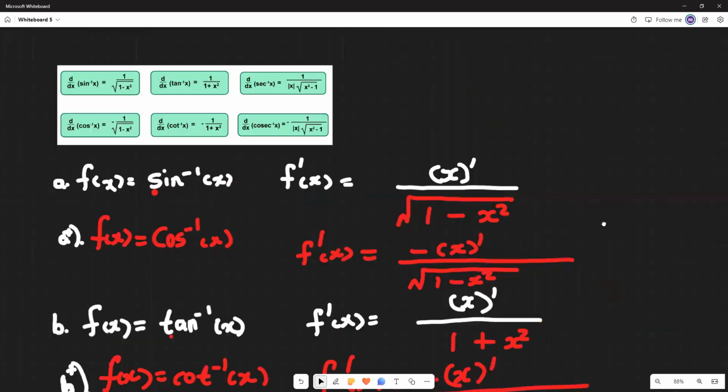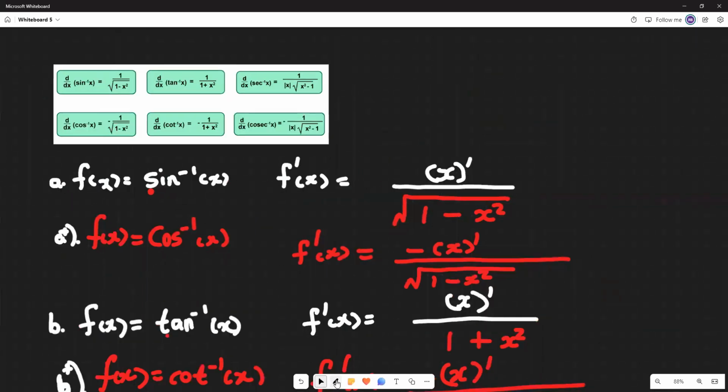We can verify if we are right. We said the derivative of this is that. The reason why they have 1 here is because the angle is x. The derivative of x is 1. Do you get it?